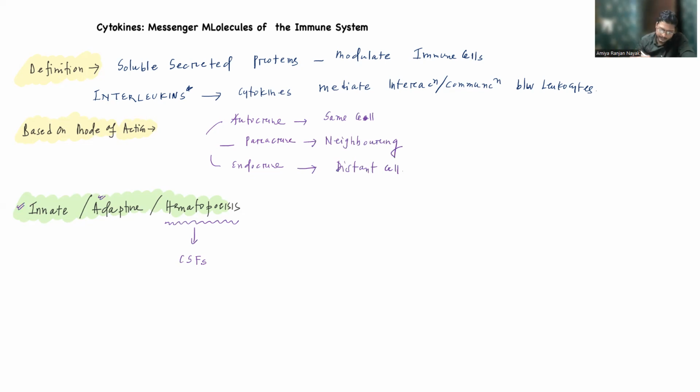The cytokines that take part in innate immunity and adaptive immune response, we'll discuss when we reach that particular section. Okay, so these are just some of the definitions about the cytokines. We'll discuss individual cytokines or interleukins in that section. So this is about the MHC molecules and cytokines. In the next lecture, we'll discuss the overview of function of adaptive immunity.